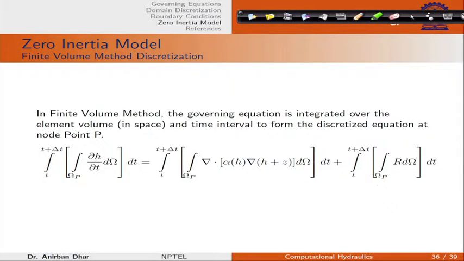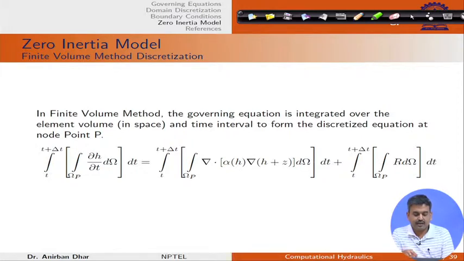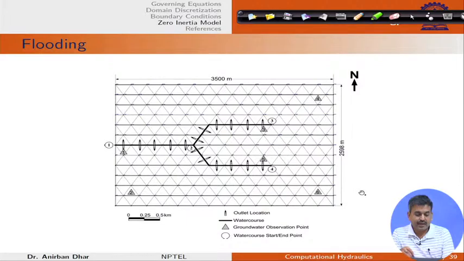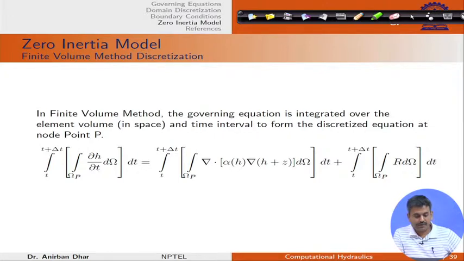For usual surface water flow equations, we need to solve for h, u, v, but with the zero inertia case we can reduce our problem to a one variable case and solve that problem. So, again if I apply our finite volume method here, I can directly write the integrated form of the equation, and we can discretize that for solution of different kinds of problems.